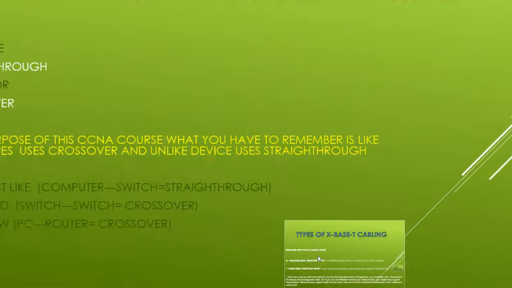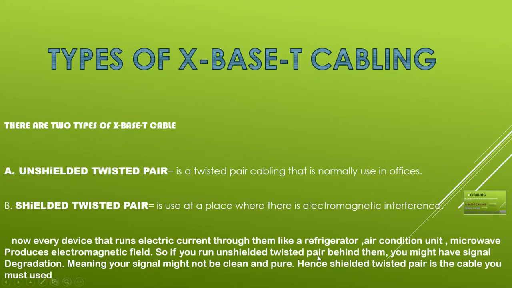Now let's look at the types of XBASET cabling that we have. There are two types. The first is unshielded twisted pair, a twisted pair cabling that is normally used in offices. The second is shielded twisted pair, used at a place where there is electromagnetic interference.